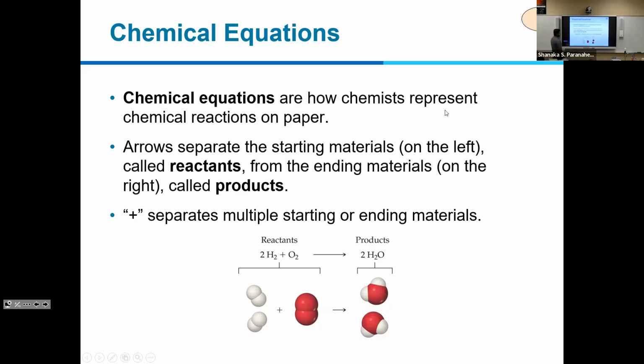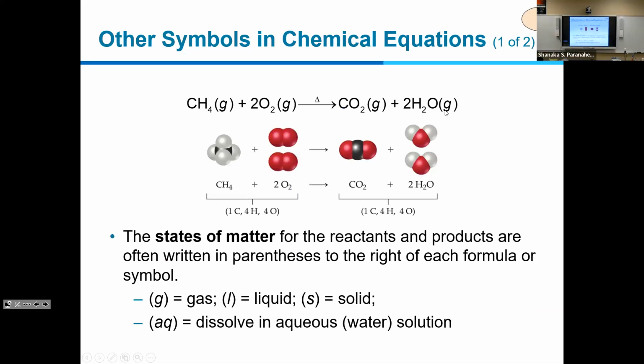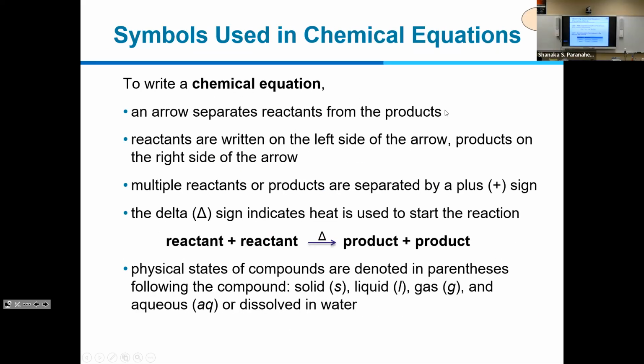In addition to that, normally in a chemical reaction, we indicate the physical state of each of these reactants and products under experimental conditions, whether it's a solid, liquid, or gas. Do I have a slide for that? Oh, it's right here. I'm going to give you only four.